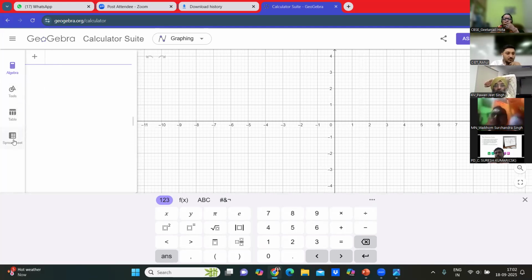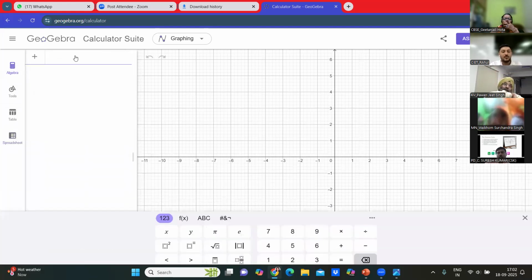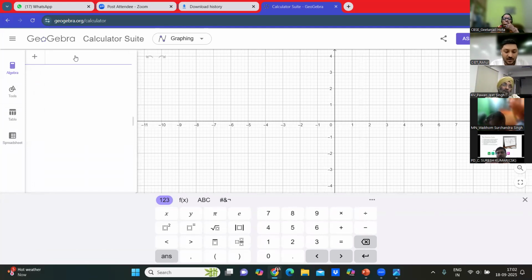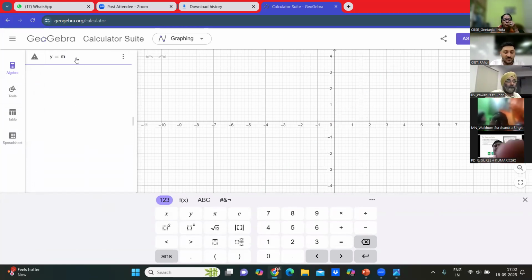Here we can see an algebraic equation, y = x, and we find a straight line. And when we change the values, like y = mx + c.